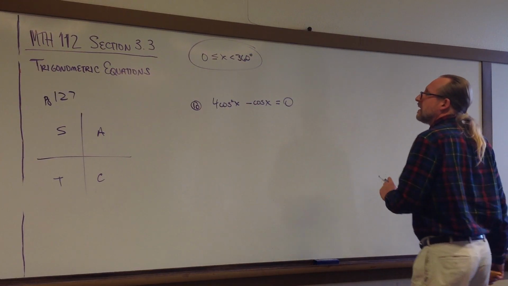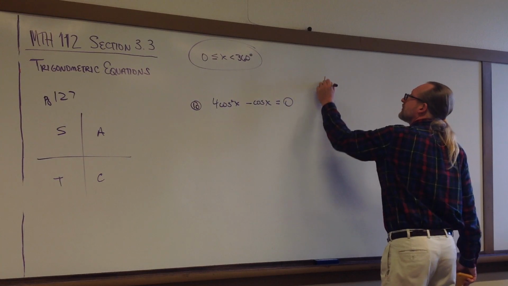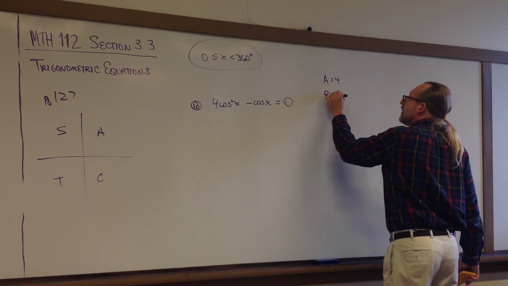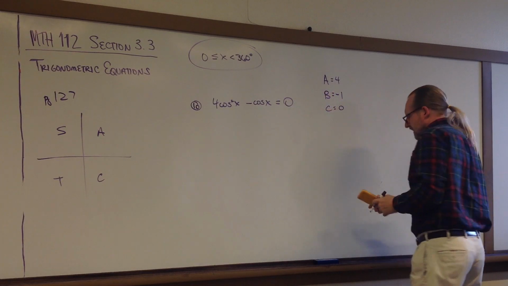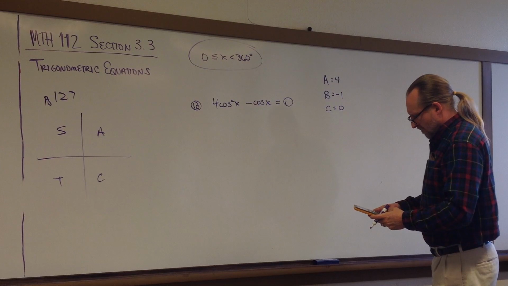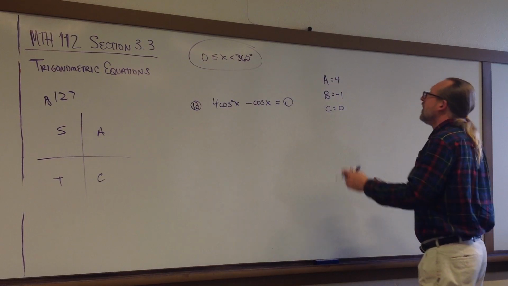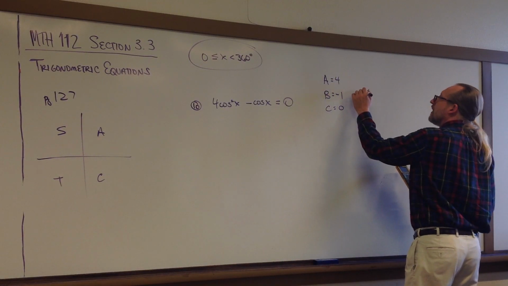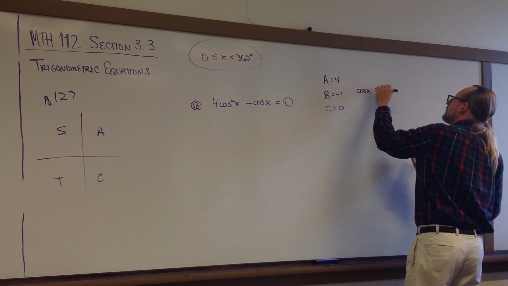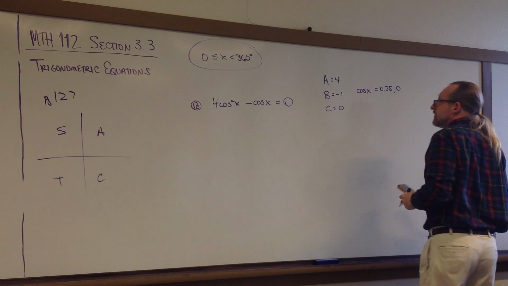In any event, you can solve this using the quadratic equation: a equals 4, b is negative 1, c is 0. And then our cosine x will be equal to 0.25 or 0.